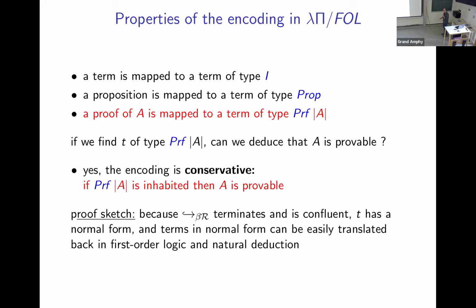And so then we have that every term in the logical framework has a normal form. And then it's easy to see that we can translate back any normal form to a first order term or a proposition or a proof in first order logic.